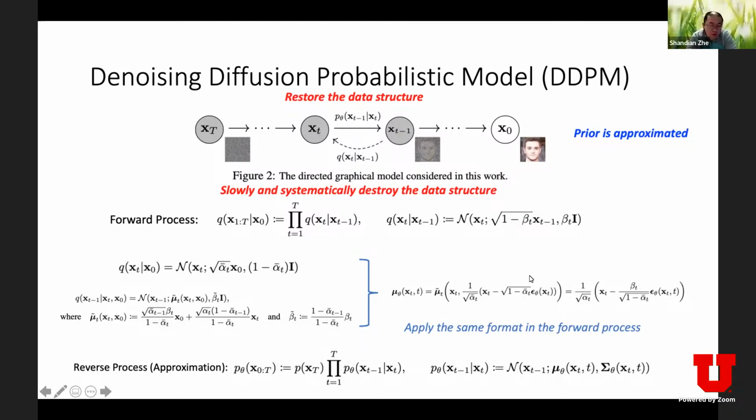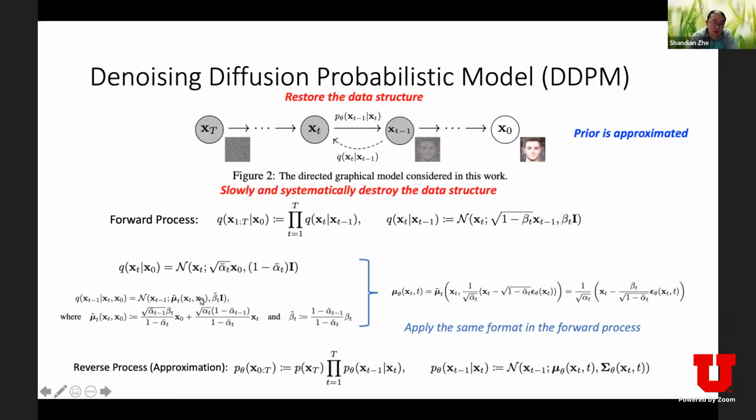But how is beta tilde t derived? I mean the reverse process. Oh, you mean this one, right? No, I mean q xt minus 1 given xt and x0. You mean here, right?